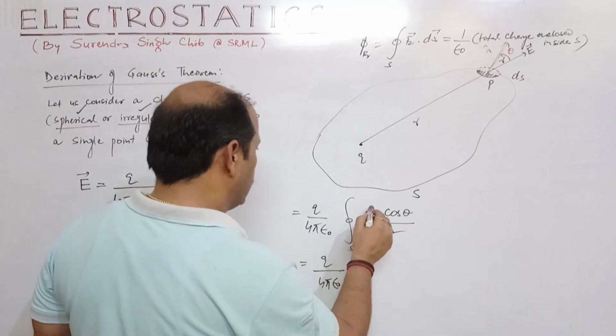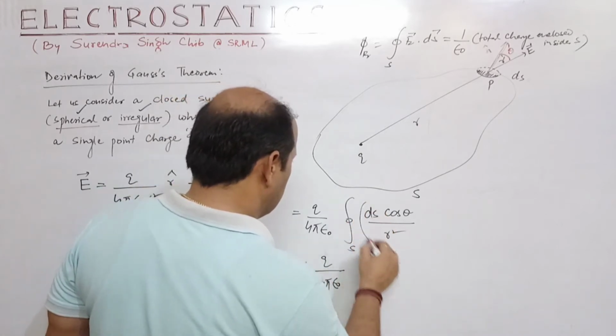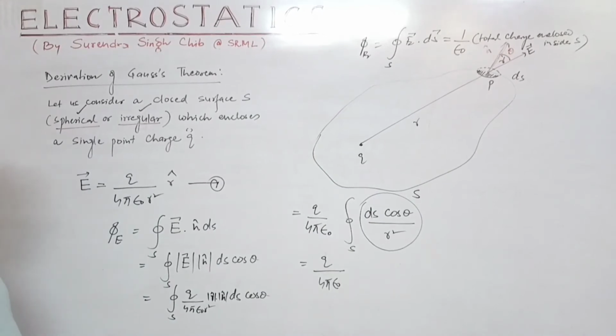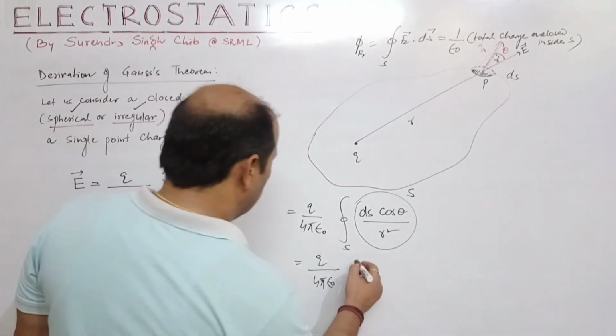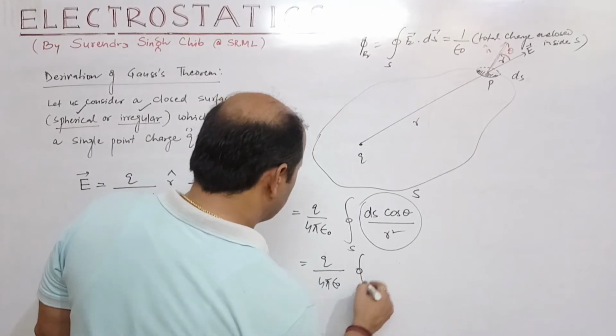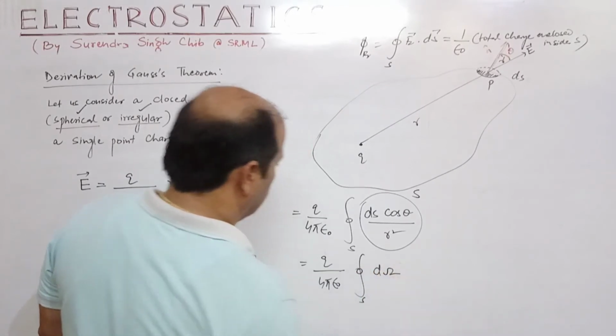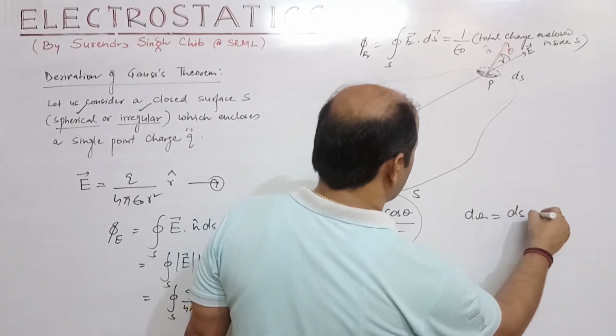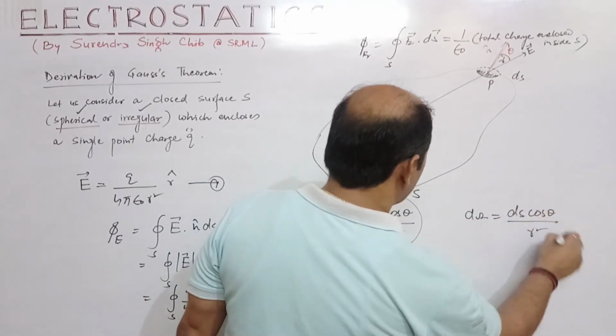Now, the question is what is this thing called? This is a solid angle, and this is simply called d omega. What is d omega? It is ds cos theta upon r square.